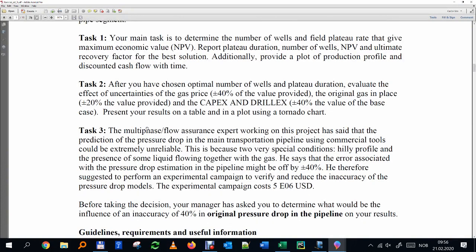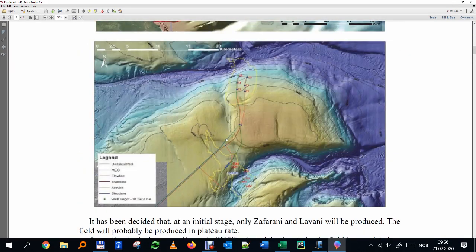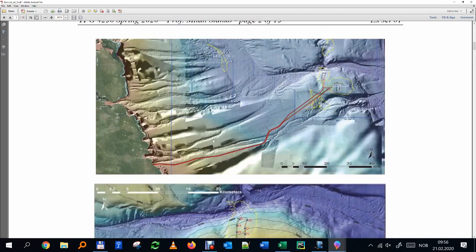Then there is a question that actually happened for Tanzania. There was a big uncertainty. You see the way the subsea is, you have these very deep valleys when you approach the coast, and you have to pass through these valleys, so you have changes in the pipeline trajectory.